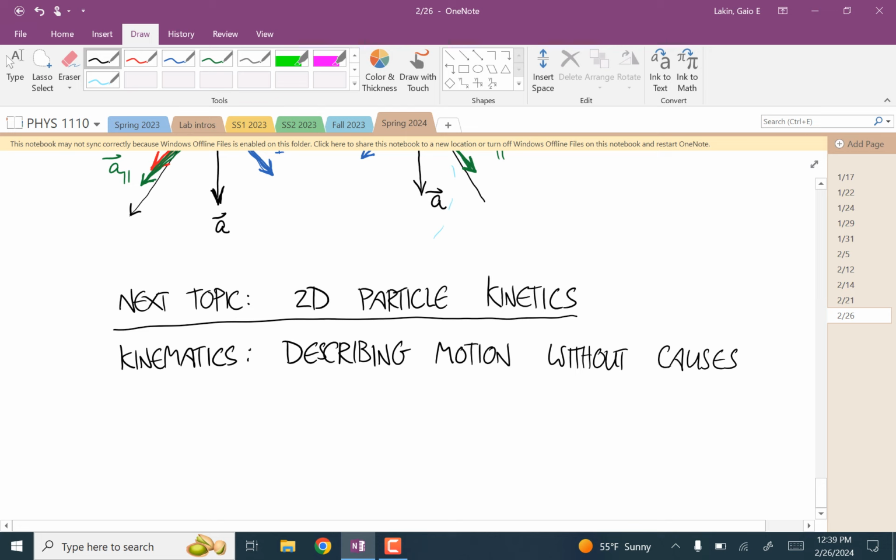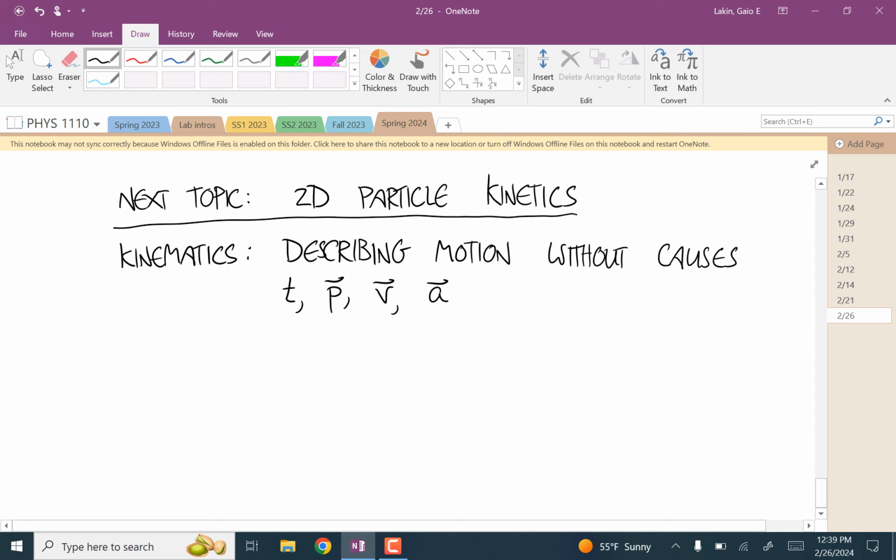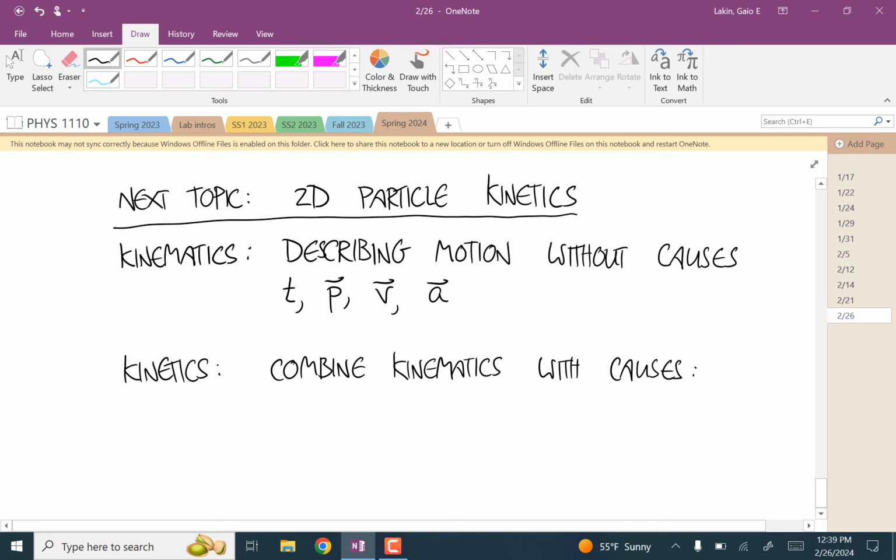And so this is relationships between time, position, velocity, and acceleration. Kinetics is when you combine kinematics with the causes. And those causes are force and mass.